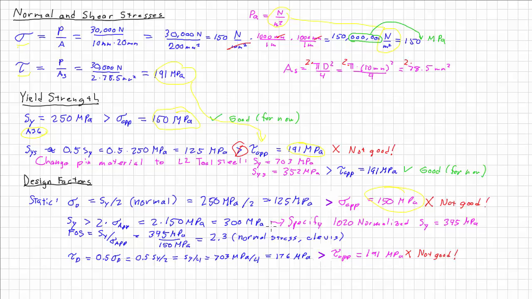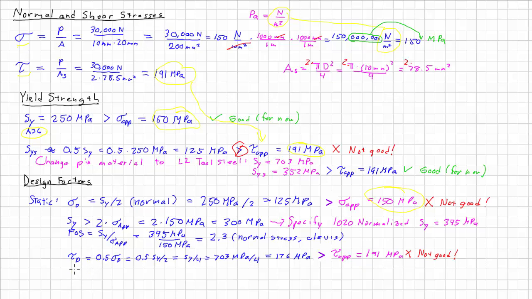So what we need to do is change the material again. We're going to redesign it. So again, the same way we probably should have just done this right off the bat, is not worry about which material it is until the end.